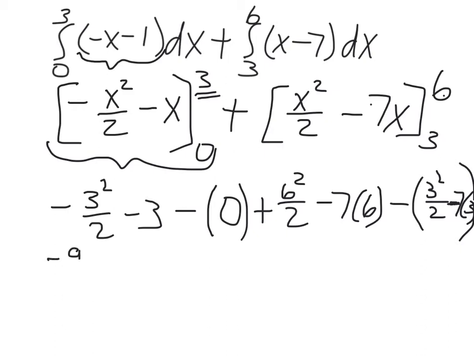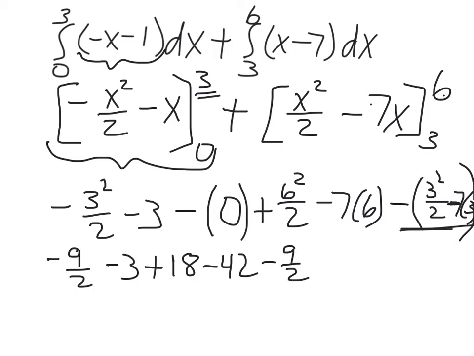So as we go through this, let's see, 36 over 2 minus 42. And then when we're subtracting, be very careful here. A lot of opportunity for little mistakes. We'll have minus 9/2, but then minus a negative 21. So plus 21 there.